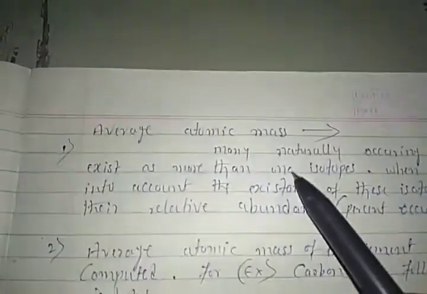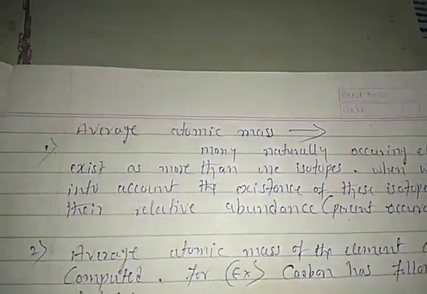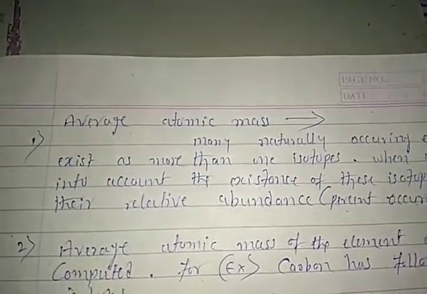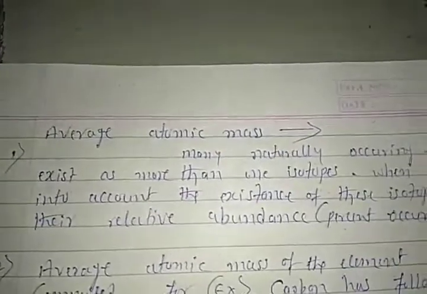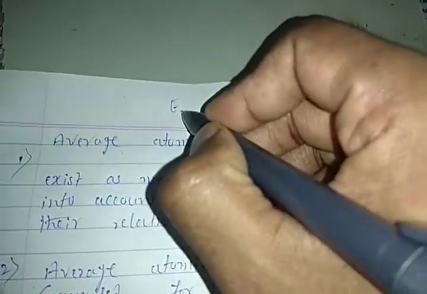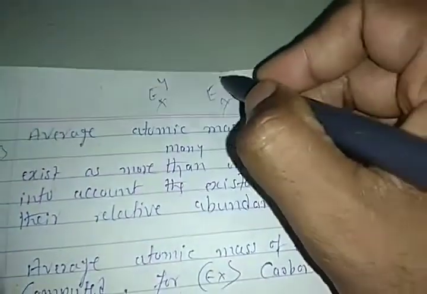After discovering the isotopes, this topic was invented. This topic was introduced after the discovery of isotopes, because some elements have the same atomic number, same x, but their mass number is different, y, z.